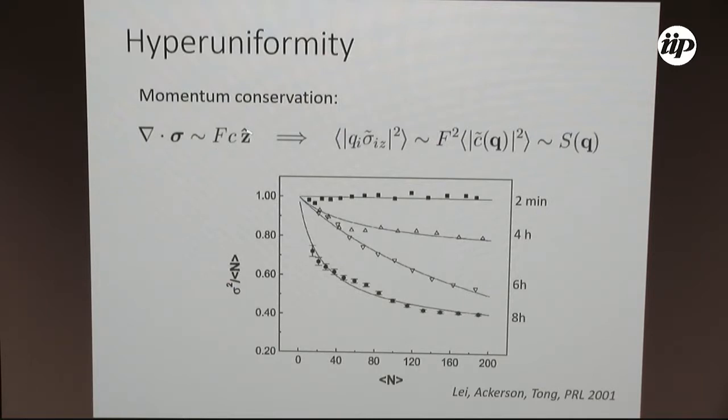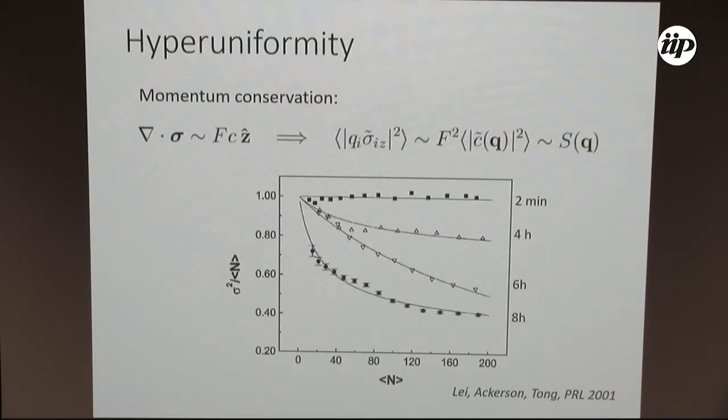So again, I have an equation of conservation. And if you do the same trick, you find that unless you want your fluctuation in the stress to diverge, you need this S of Q to vanish as Q goes to 0, and it should vanish like Q squared. Again, a very similar argument.